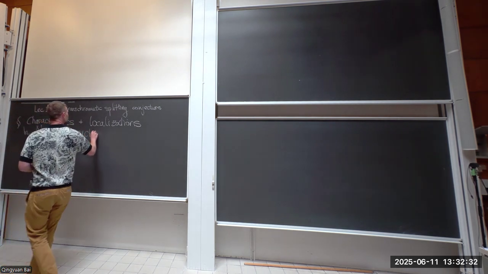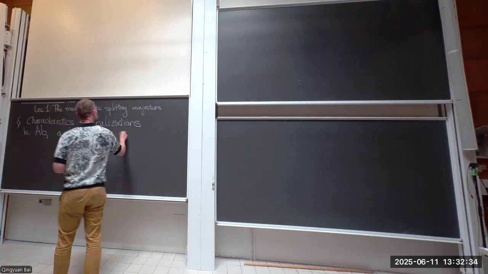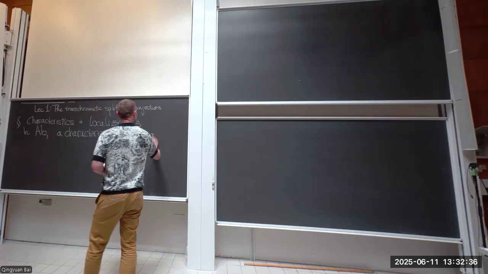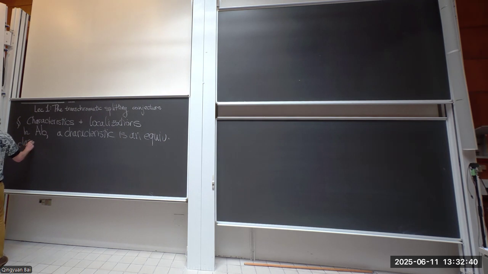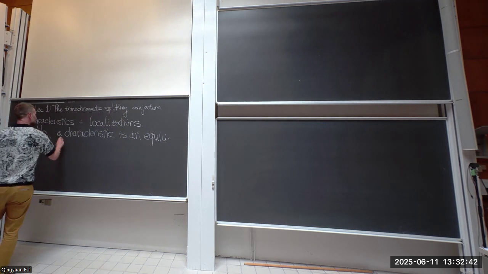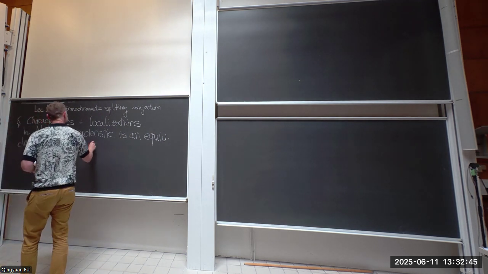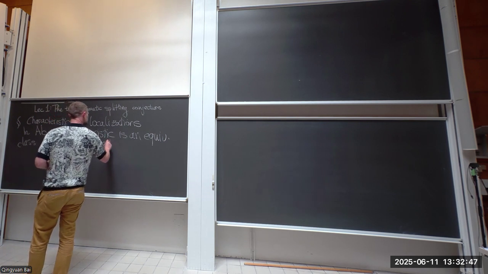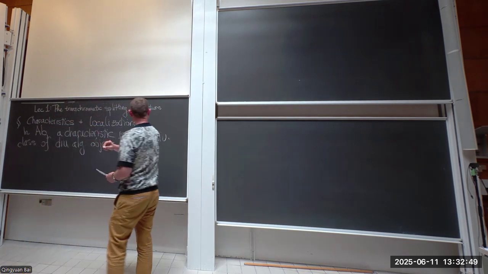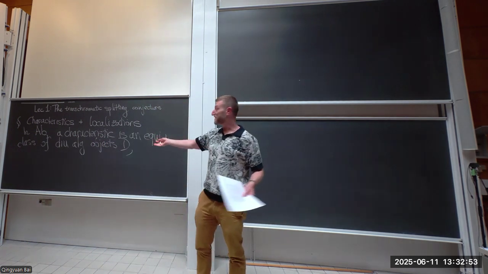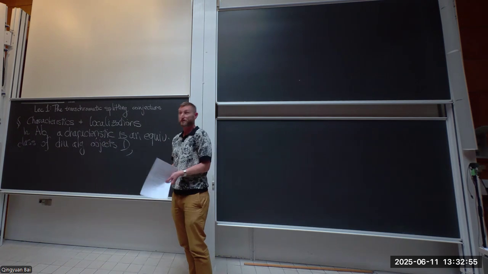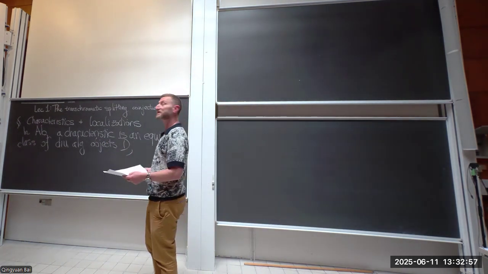A characteristic is an equivalence class of division algebra objects D. I can talk about a division algebra object in this category; we should just call that a division algebra, as we classically understand the word.